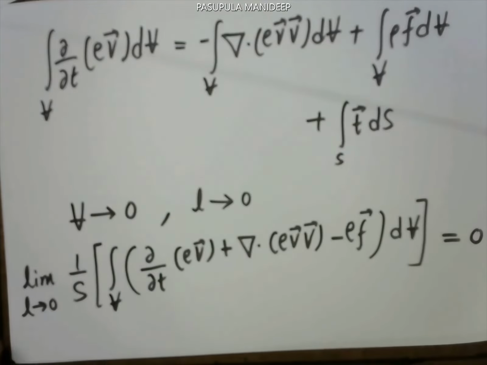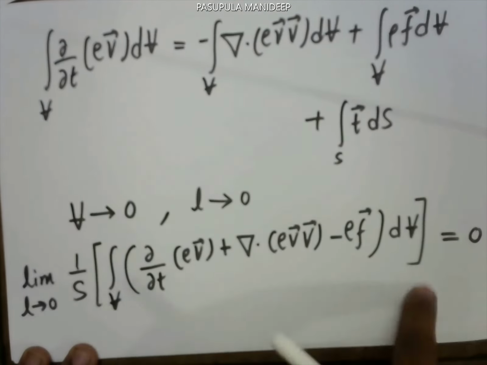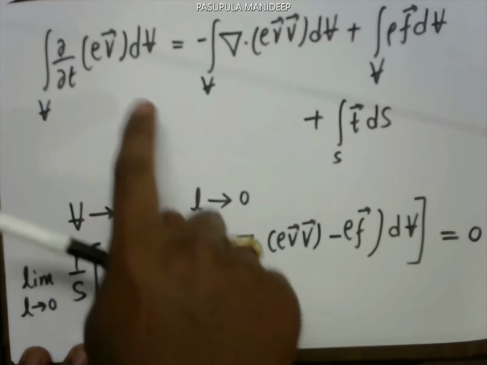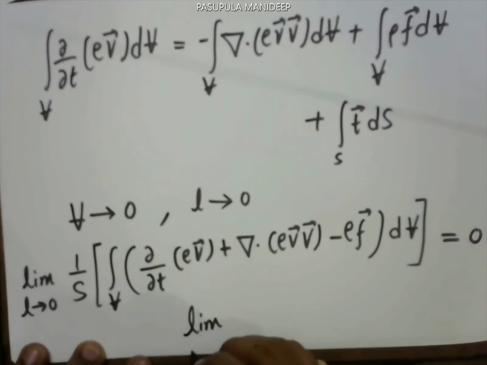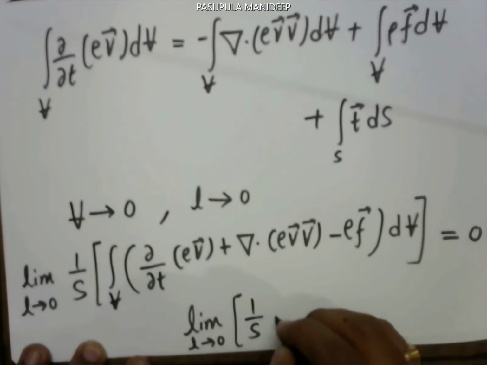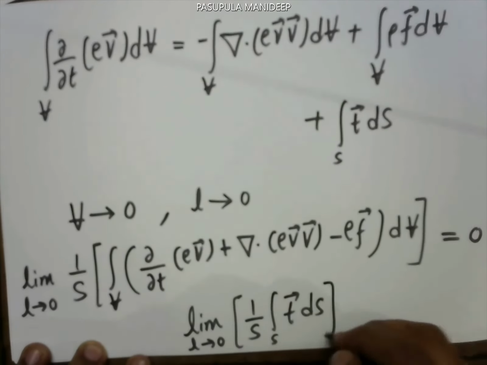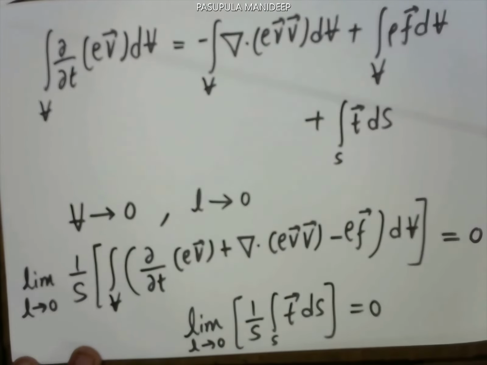So in this expression, if the limit of 1 by S into this expression is 0, then the limit of that element as 1 by S goes to 0 should also be equal to 0, right?